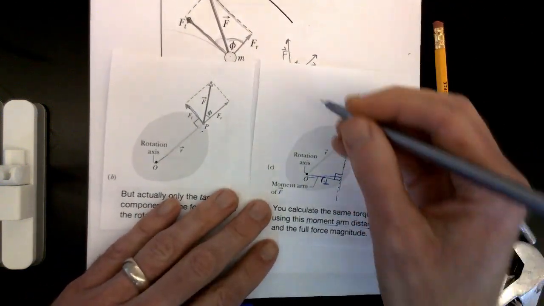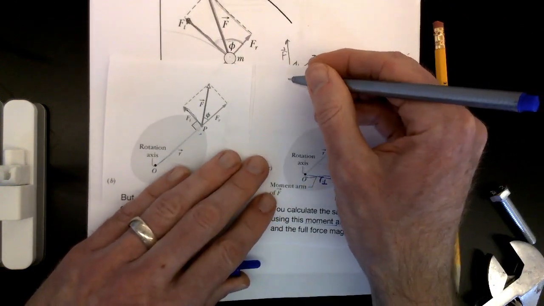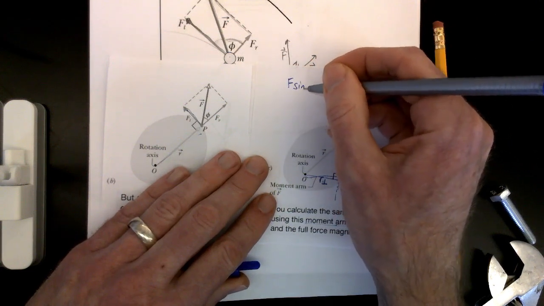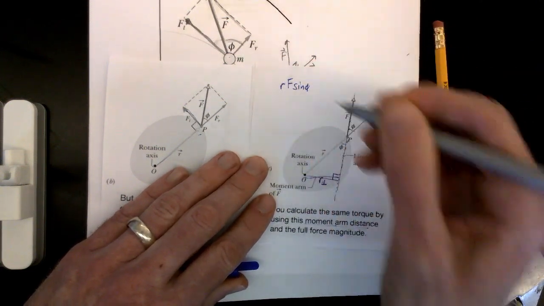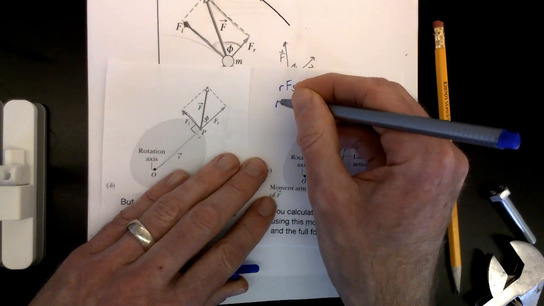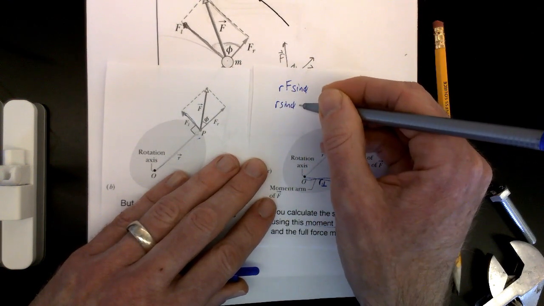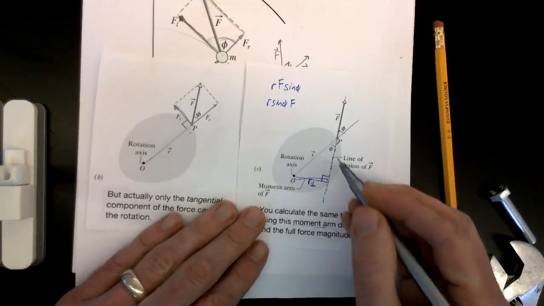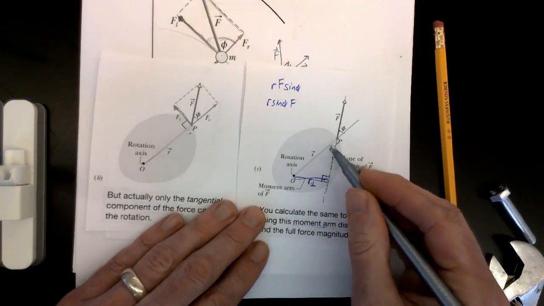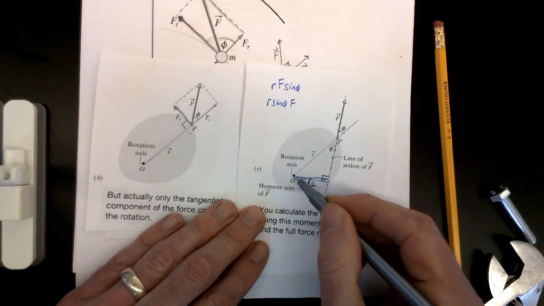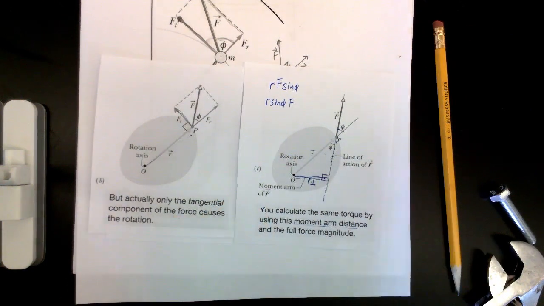Whether you do F times sine of theta and then multiply it times R, or R times sine of phi, not theta, it's phi, and then multiply that times F, it's the same thing. This component right here is R times the sine of this angle, and we call that a moment arm. So that's just something to notice.